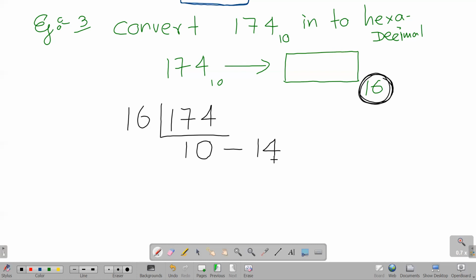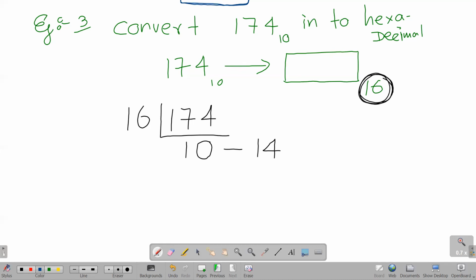Yes. So like for 174, there are 10 times of 16, which gives you 160, and 14 is remaining. Now, the problem is, be very careful when you are receiving values larger than 9 in the hexadecimal number system. Because in hexadecimal, they don't have things like 10, 11, 12, 13, 14, and 15.